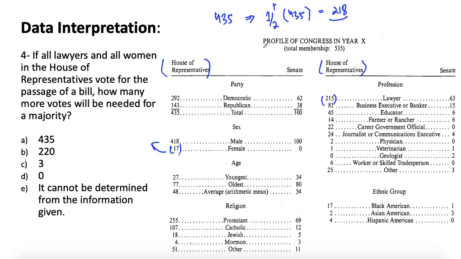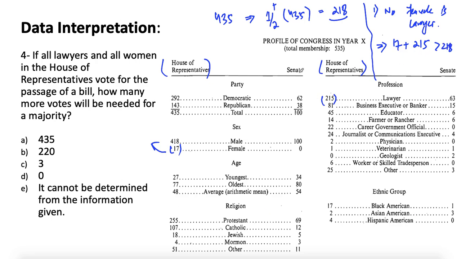Now they earlier got votes from females and lawyers. There could be two categories. Let's see the two categories. First of all, let's talk about the first category, in which no female is a lawyer. That means if the females and the lawyers vote, they get 17 from females and 215 from lawyers, and this sum is greater than 218.